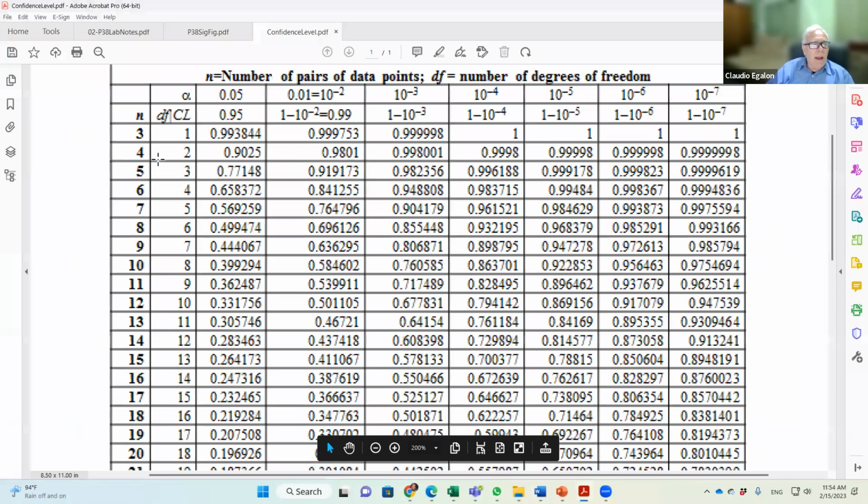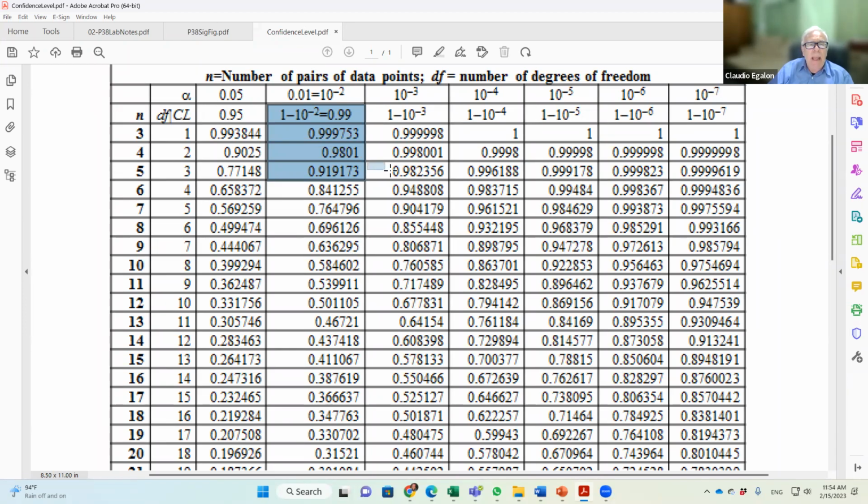Okay, for n equal to 5 and R squared equal to 0.919173, the confidence level is going to be exactly 0.99, which is 99%. That's how you read this table, okay?